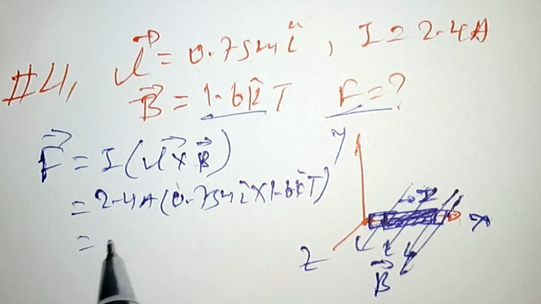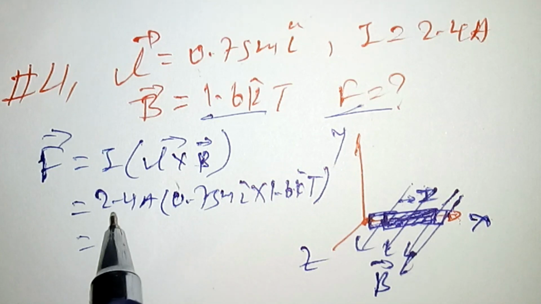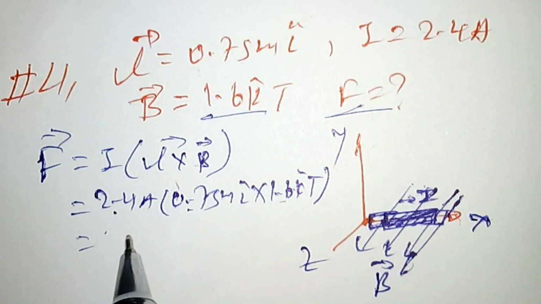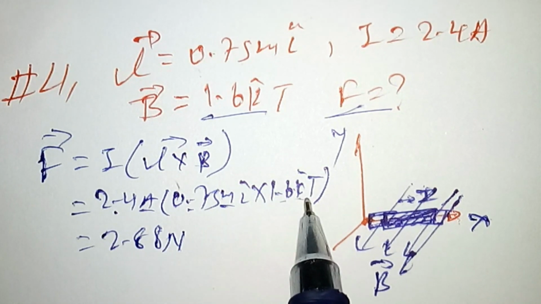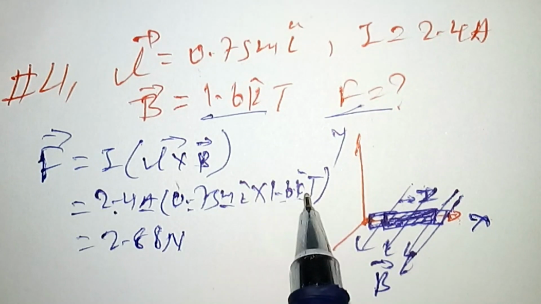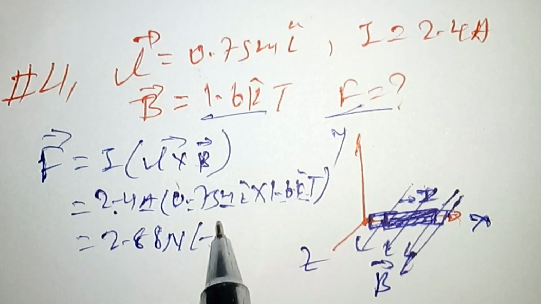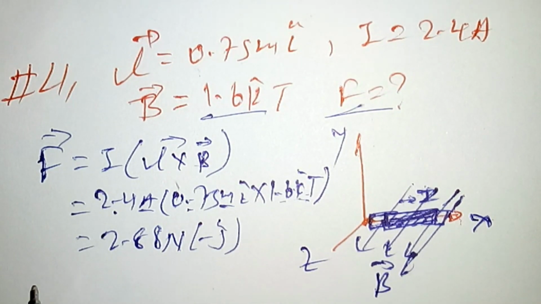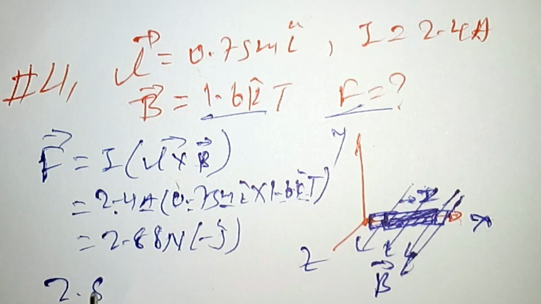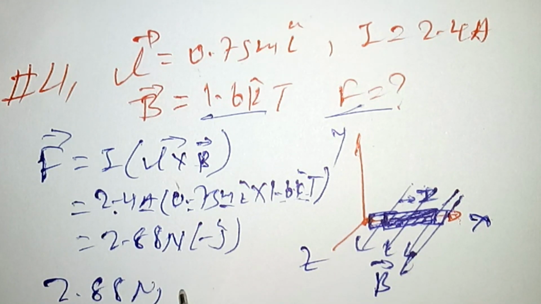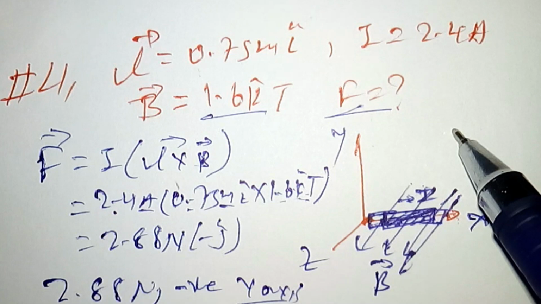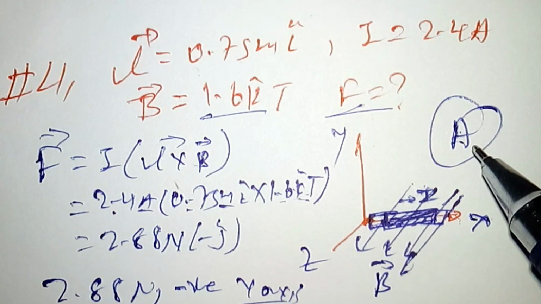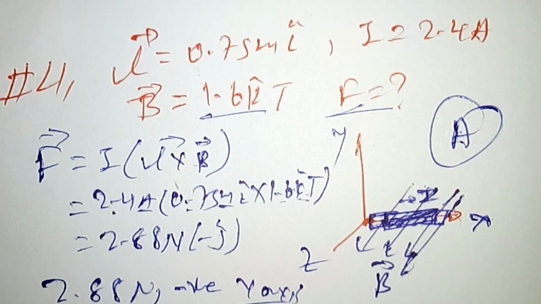If you multiply the numbers together, 2.4 times 0.5 times 1.6 is 2.88 Newton, since ampere times meter times Tesla is Newton, and i cross k is directly minus j. So the force on the wire is 2.88 Newton along the direction of the negative y-axis. So the correct answer according to this question is alternative A, along the negative y direction.